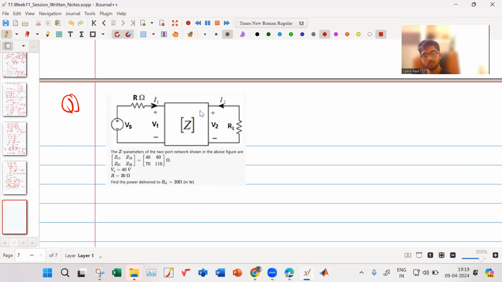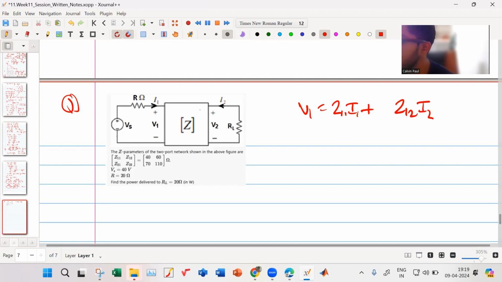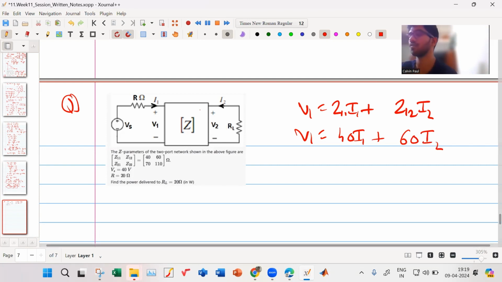We have a relation between V1 and V2. What's that relation? V1 is equal to Z11 I1 plus Z12 I2. So over here, V1 is equal to 40 I1 plus 60 I2.